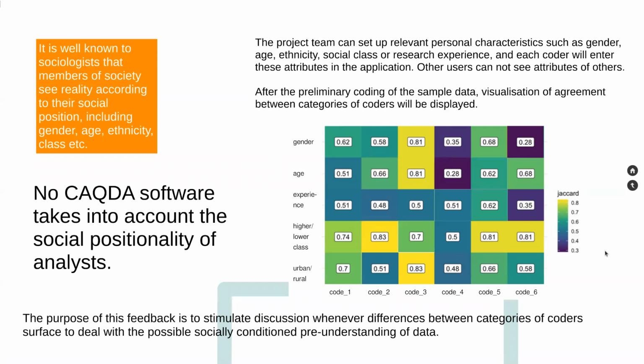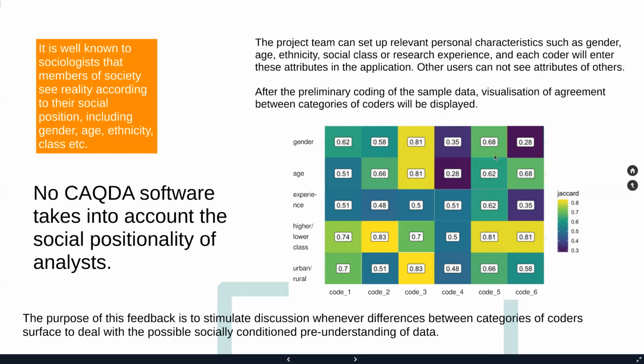Sometimes our perceptions differ, especially regarding poverty: someone from a higher social status doesn't perceive poverty in the same way as members of the lower classes. And we can see if our research respects these different perspectives of different coders.